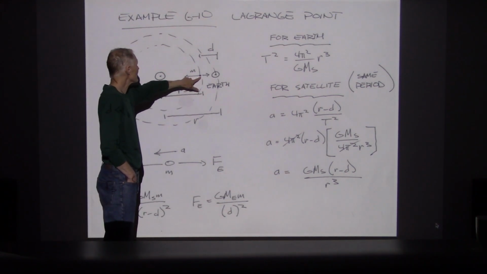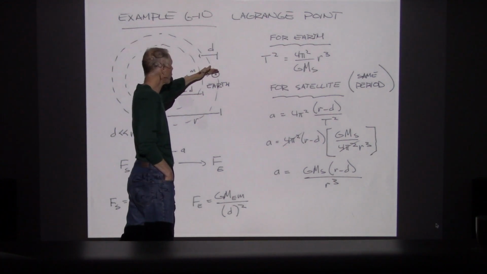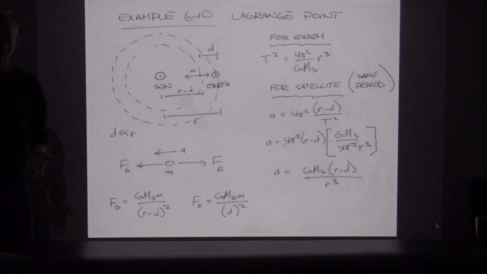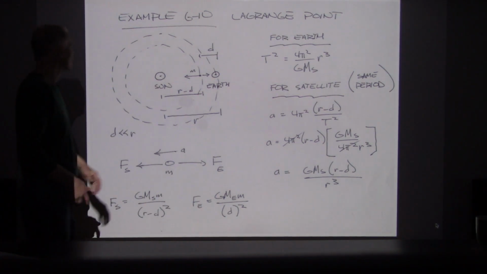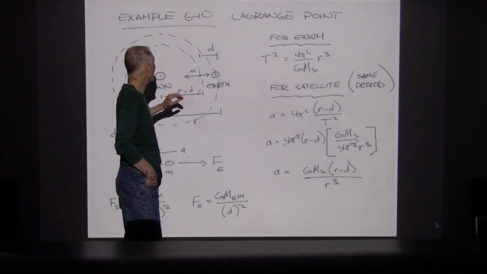So here is the satellite. There's going to be a force of gravity towards the sun and a force of gravity towards the Earth. And that effectively is going to reduce the force of gravity acting on that satellite from what it would be if the Earth were not present. That means it doesn't have to orbit quite as fast. So it's in an orbit a little closer to the sun, but it doesn't have to orbit quite as fast.